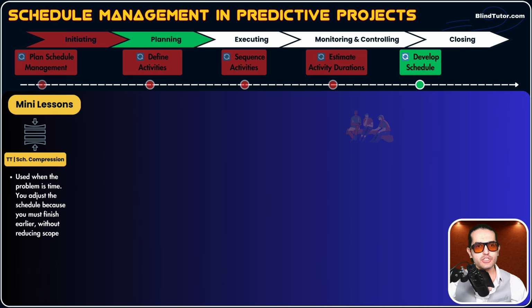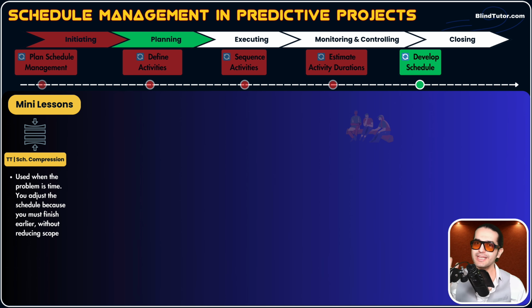You adjust the schedule because you must finish earlier without reducing scope. You can't say, I'll create only 80% of the approved scope, then we will finish earlier if you sacrifice some part of the scope. No, without sacrificing scope, you have to make it happen. It's your job. You're getting paid to do that.